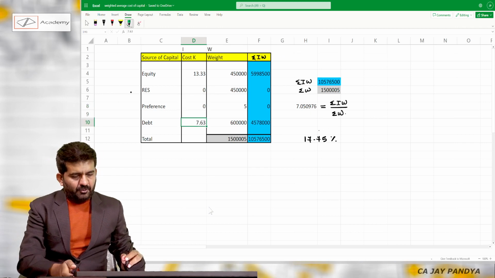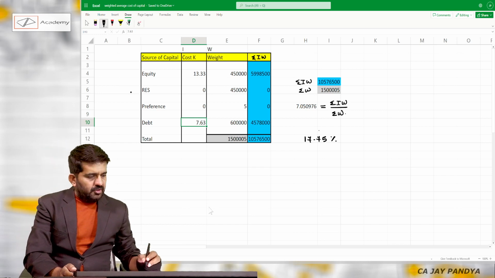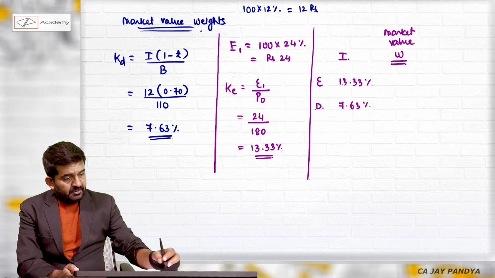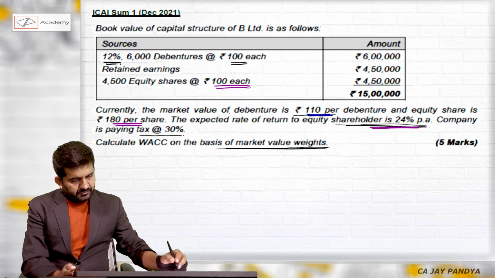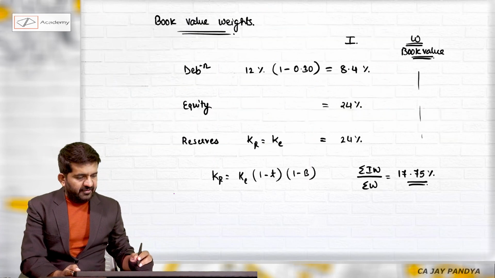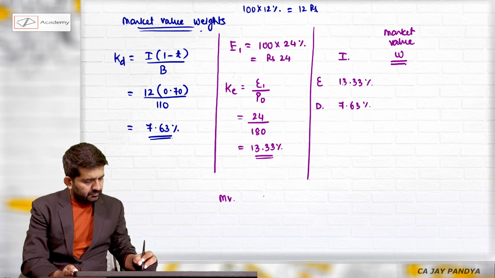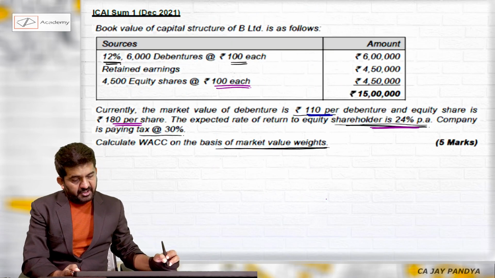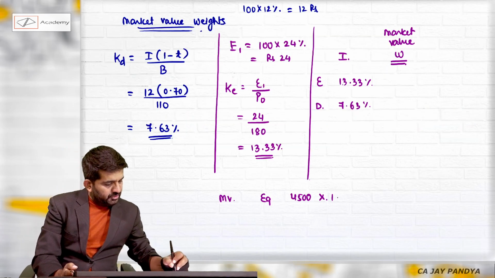Market value I will have to find out. Equity shares are 4,500 equity shares of rupees 180 each.